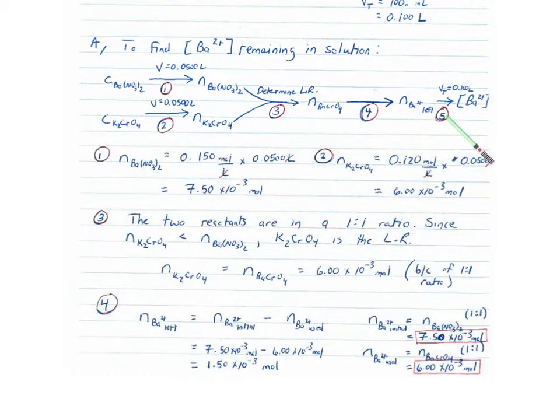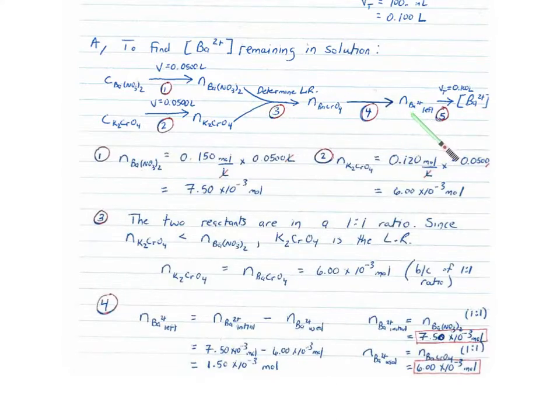And so what that indirectly tells you is that between these two reagents, the barium nitrate has to be the excess reagent, and the potassium chromate needs to be the limiting reagent, because we are told that there are some barium ions left in the solution, and so this has to be in excess.